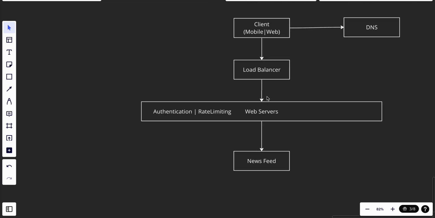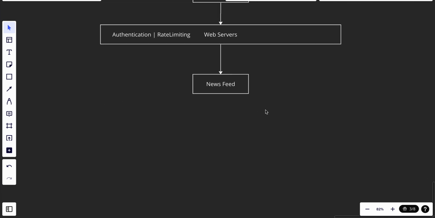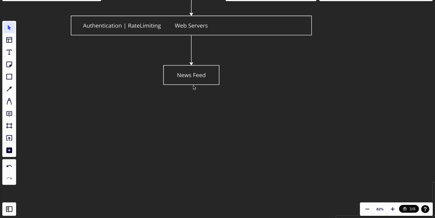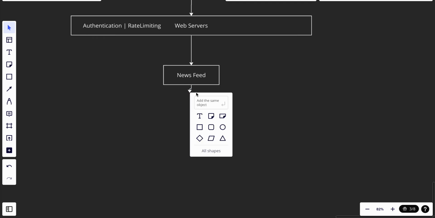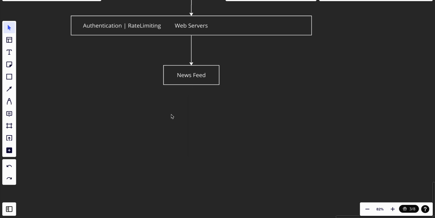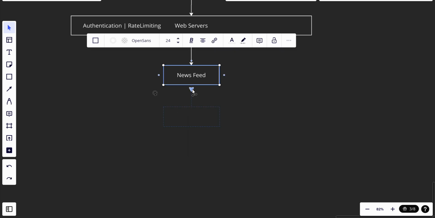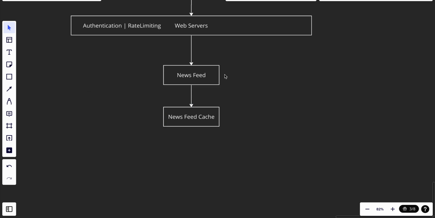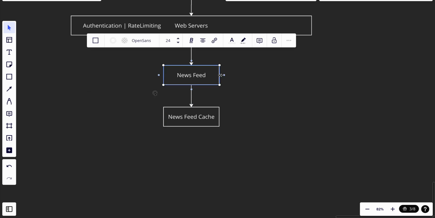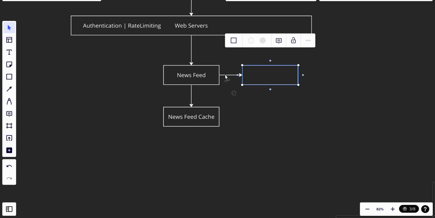So we have the newsfeed service, and in the newsfeed service we had three things. First of all, we had, no, go back. We had the newsfeed cache, and we have the user cache, I guess.